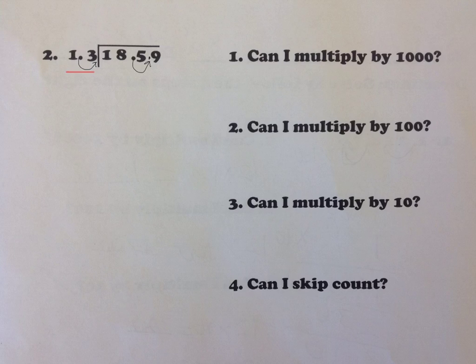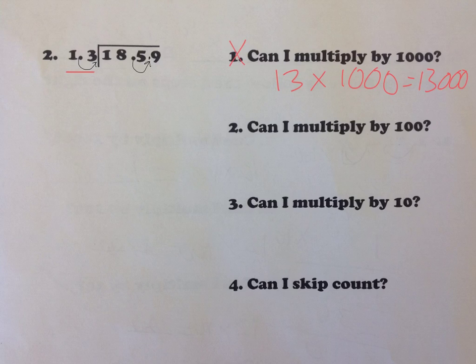Well, in our problem, we don't have 13 thousands to give away. 13 times 1,000 is 13,000, but we don't have 13,000 in here. We have, for all intents and purposes, 1,859. We don't have enough to give away, so we can't do that step.